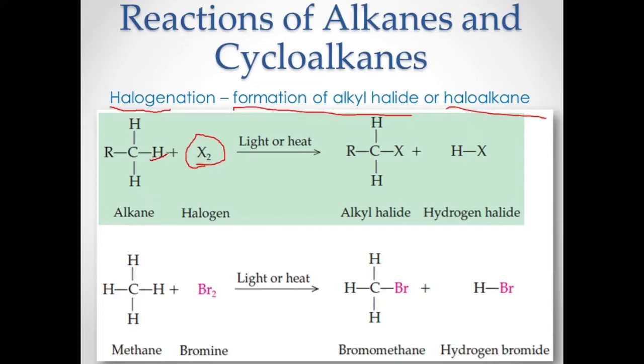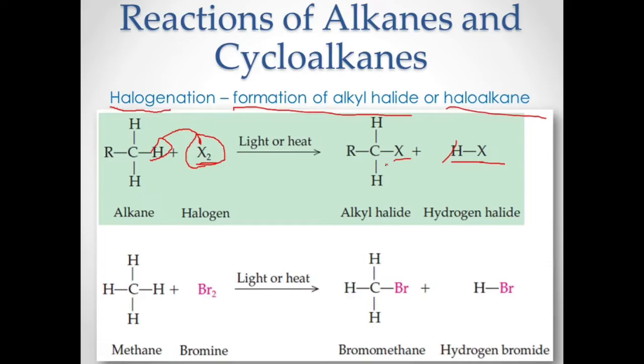Let X be a halogen. Then you have a formation of HX. This hydrogen is coming from that hydrogen, and that X is coming from the X for halogen. Okay, so that's it.